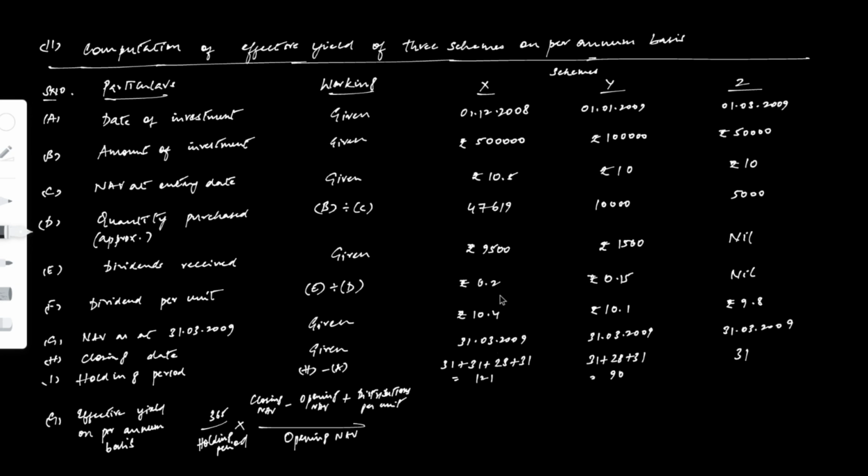Closing NAV is 10.4. 10.4 minus 10.5, plus 0.2, divided by 10.5, into 365 by 121. So we get 2.9%.